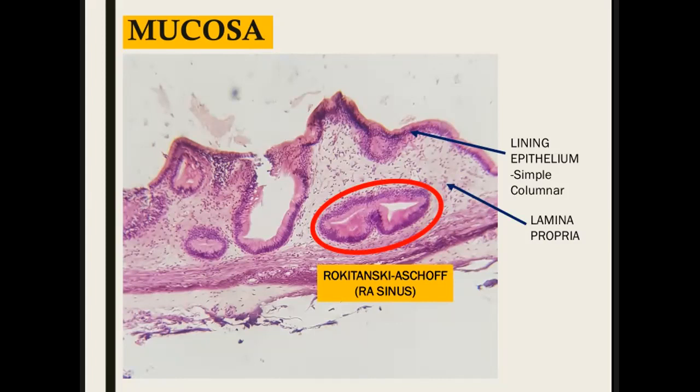The most important things to remember in the gallbladder are its function, its layers, its lining epithelium, and the one encircled in red, the Rokitansky-Aschoff sinus, your characteristic feature of the gallbladder.